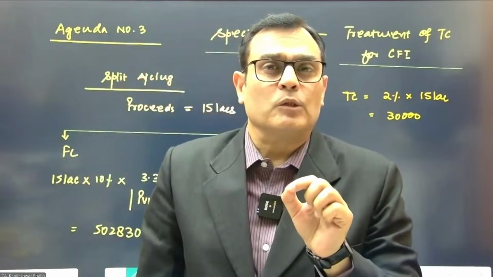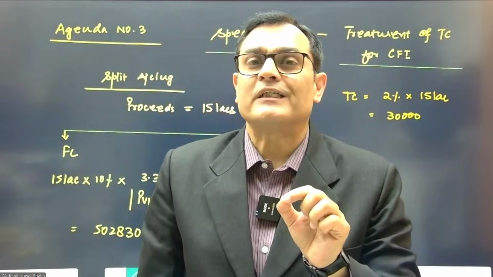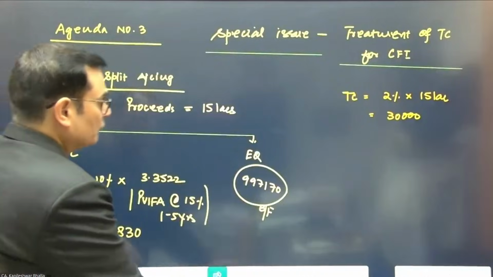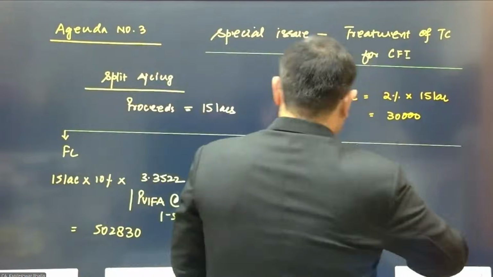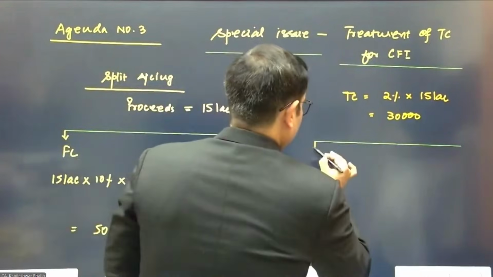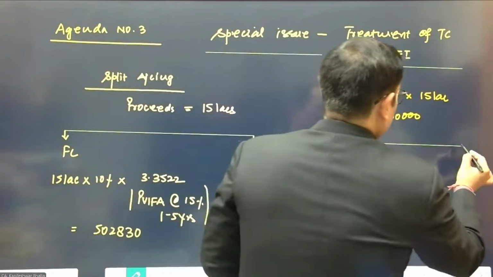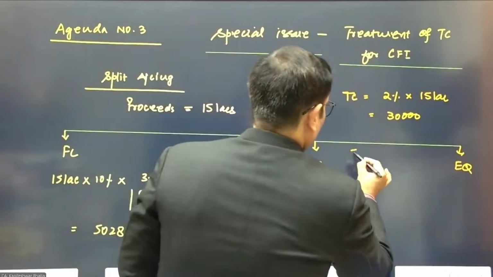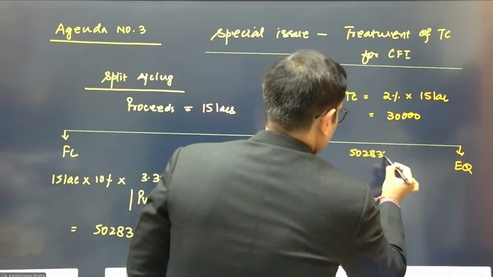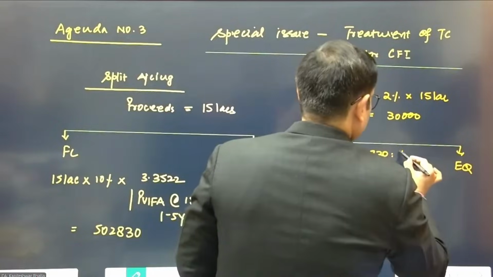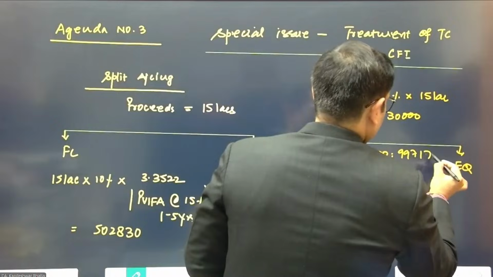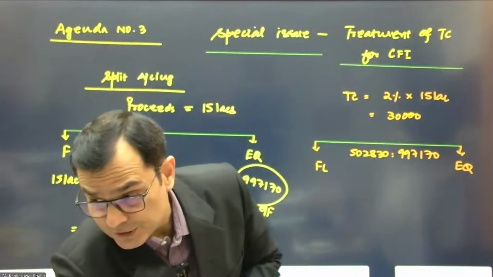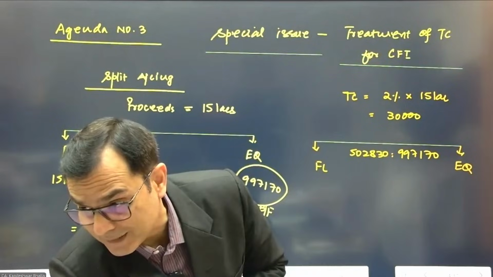So what are you going to do? Divide this in the ratio of FL and equity. So this amount is going to be divided in the ratio 502,830 is to 997,170. Once you divide it in this ratio, we'll get the split.